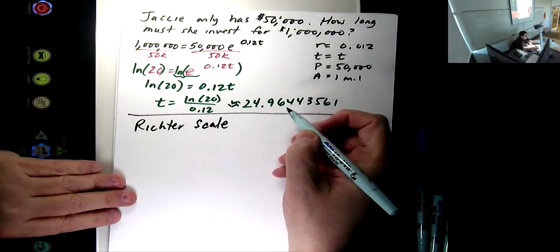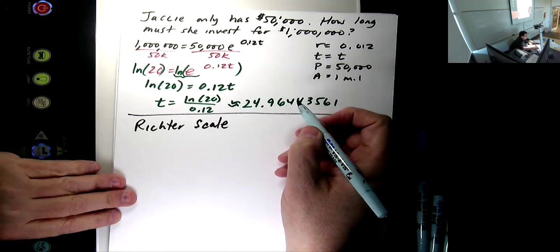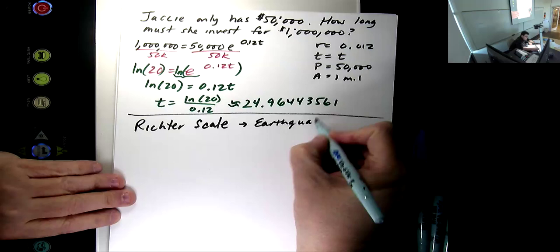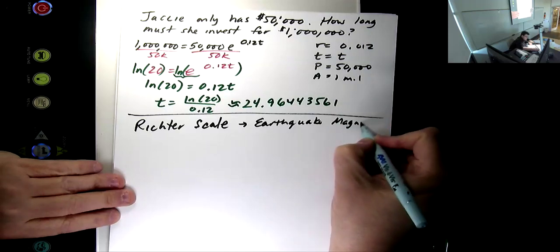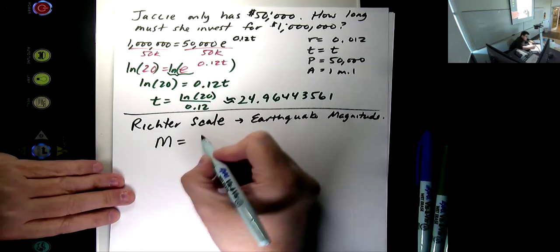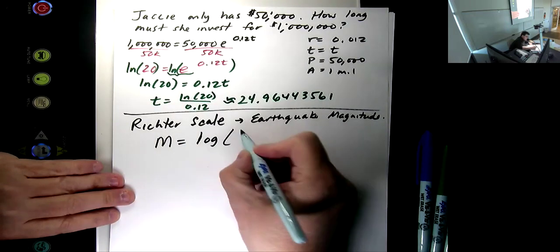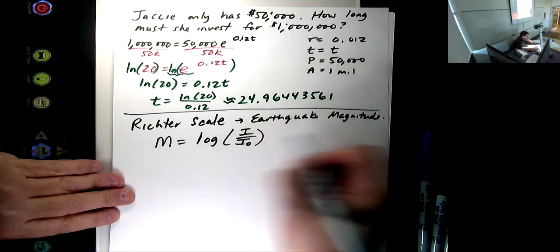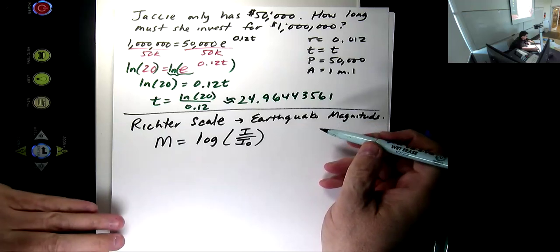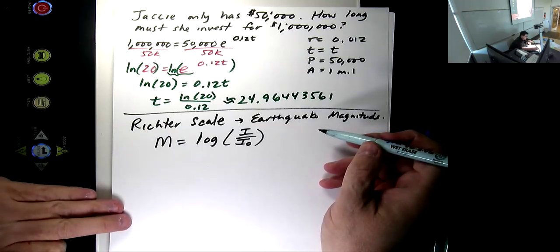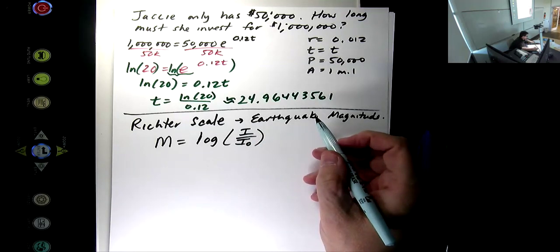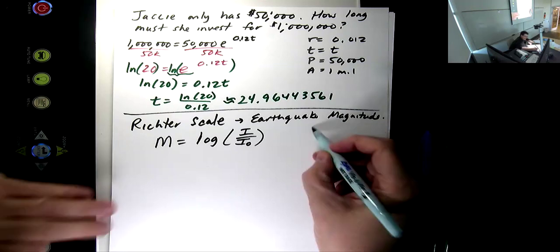Richter scale. What's the Richter scale represent? Earthquake magnitude. The magnitude equals the log of I over I0. I0 is a constant.